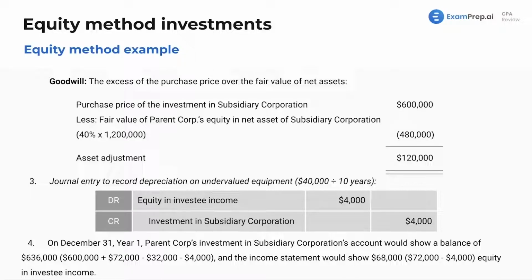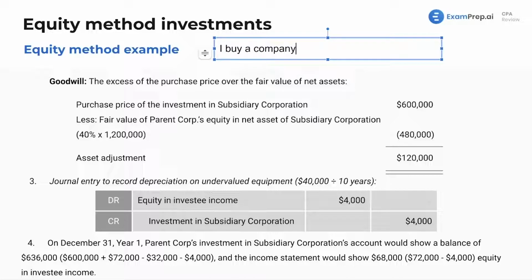Now, what about goodwill? Let's use 100% for an example right now. Let's say I'm a very wealthy individual. I am going to buy a company, 100% of it, for $1 million.